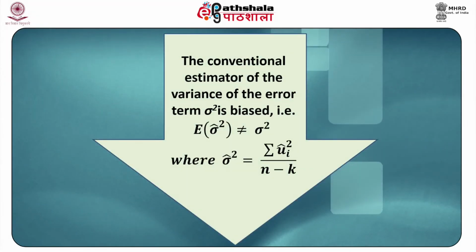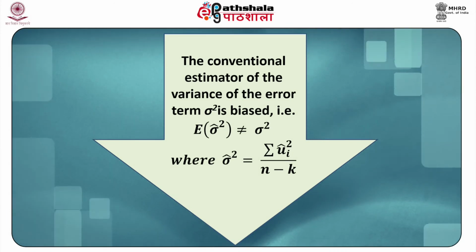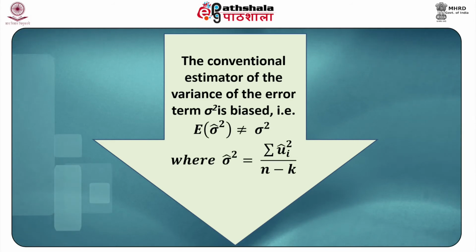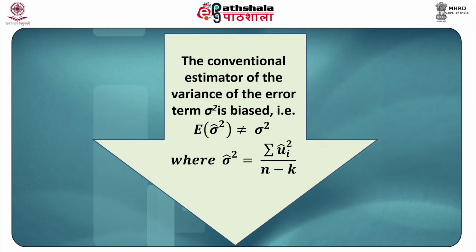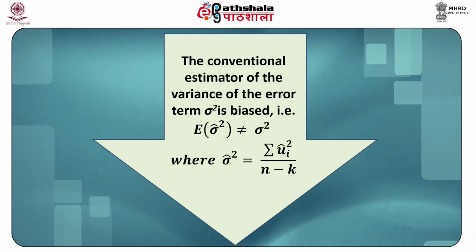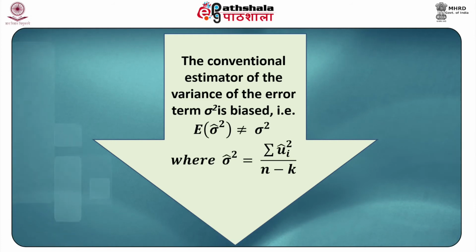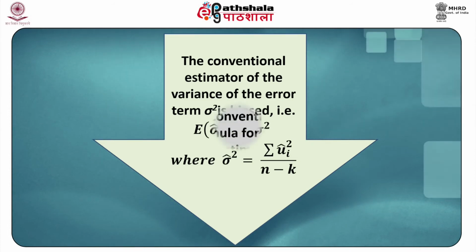The conventional estimator of the variance of the error term sigma square is biased. This is another consequence of heteroscedasticity. It basically means that the expected value of sigma hat square is not equal to sigma square, where sigma hat square is equal to the sum of mu i hat square upon n minus k.